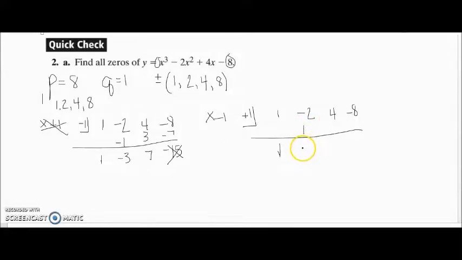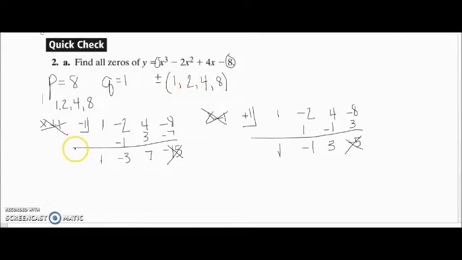Negative 2 plus 1 is negative 1. 1 times negative 1 is negative 1. 4 plus negative 1 is 3. 1 times 3 is 3, and negative 5. So once again, this wasn't 0, so this is not a factor of that polynomial.